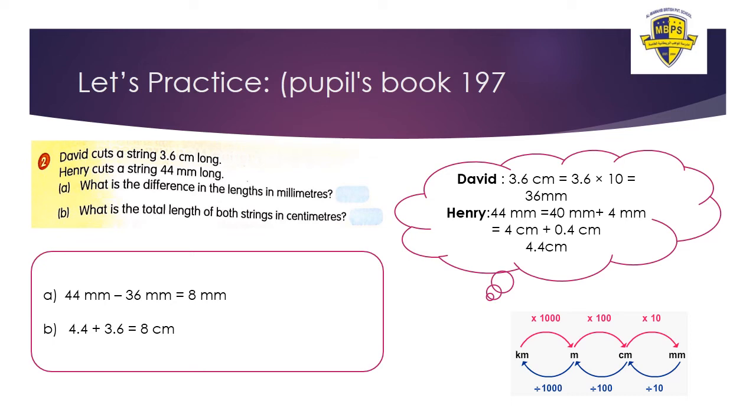Excellent. 0.4 and 0.6. 4 and 6 make 10. So when we are talking about decimals, remember this makes one whole. Good. So this is 1. And we also have 4 and we have 3. 4 plus 3 is 7, plus 1 equals 8 centimeters. Excellent.